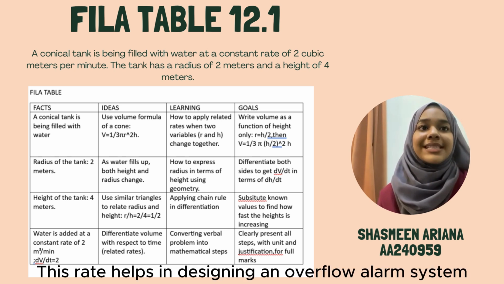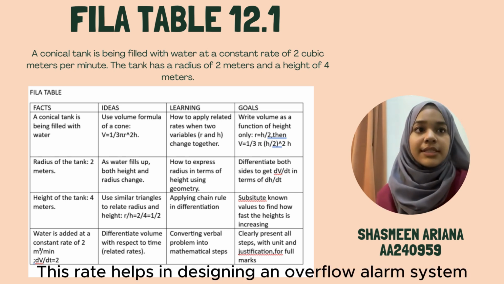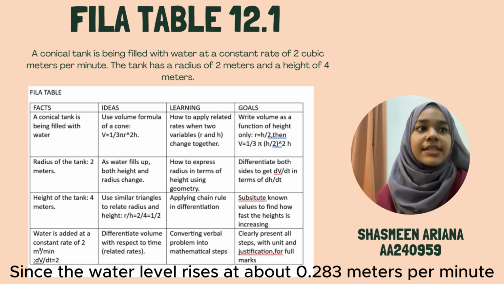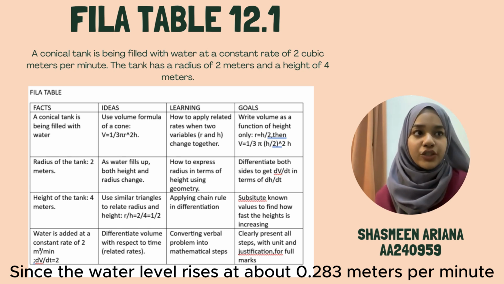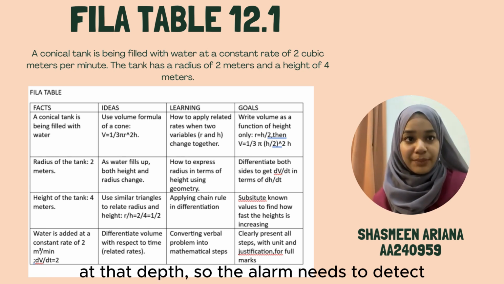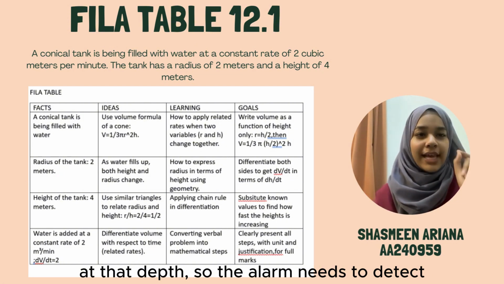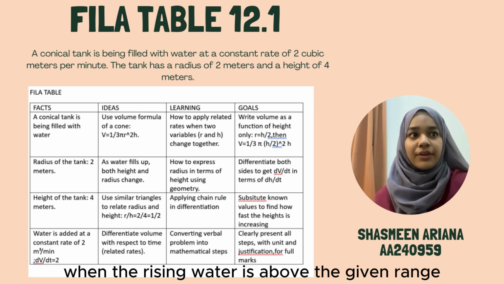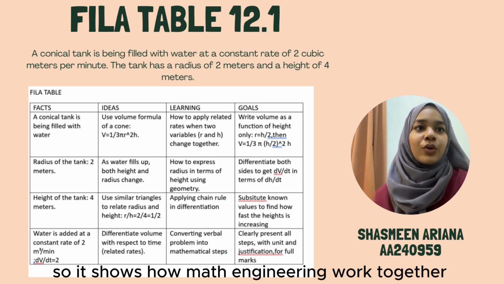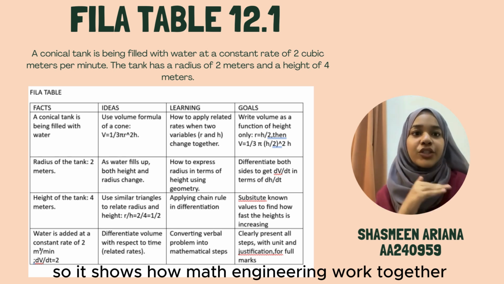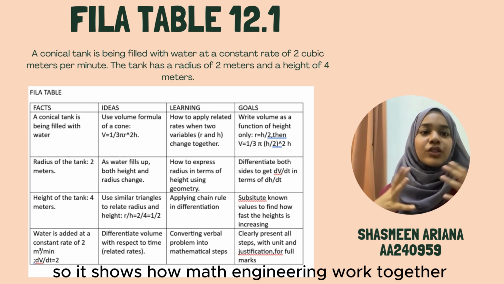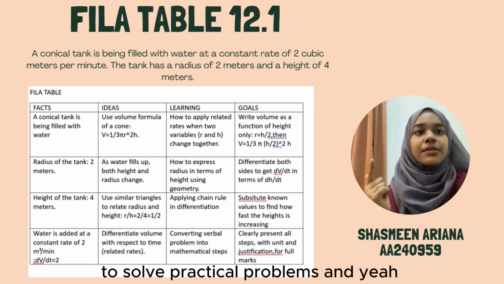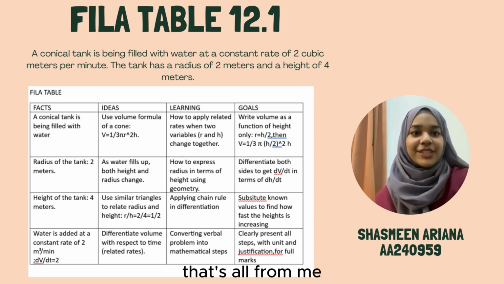This rate helps us design an overflow alarm system, since the water level rises at about 0.283 meters per minute at that depth. So the alarm detects when the rising water is above the given range. It shows how math and engineering work together to solve practical problems, and that's all from me.